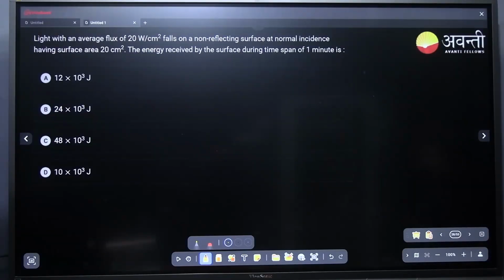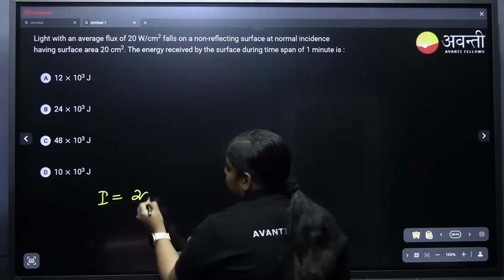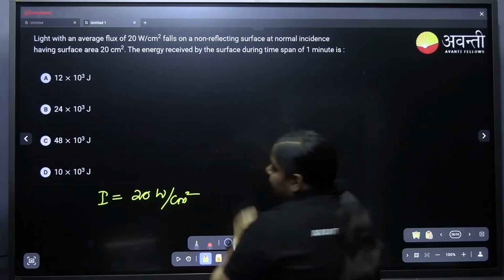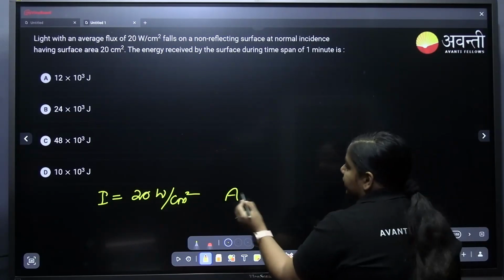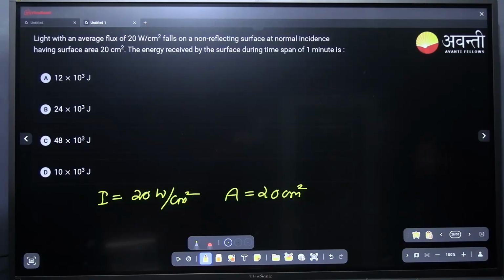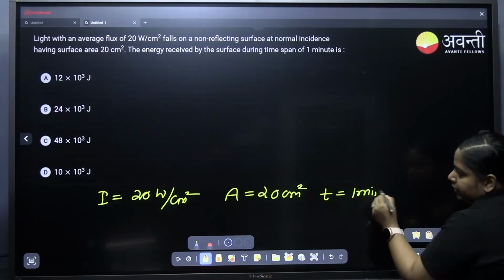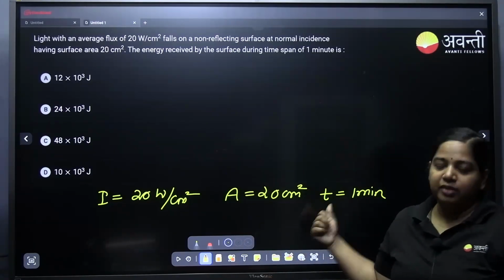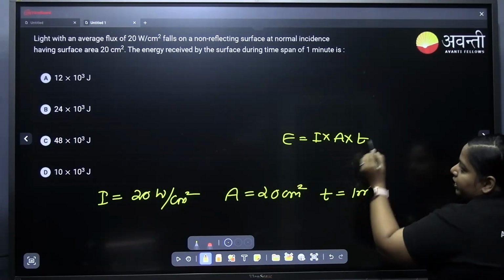Next one, light with an average flux of 20 watt per centimeter square. What is power by area? That is intensity, given as 20 watt per centimeter square. It falls on a non-reflecting surface at normal incidence having surface area 20 centimeter square. Find the energy received by the surface during a time span of 1 minute. So intensity, area and time are given. To find energy, energy equals intensity into area into time.